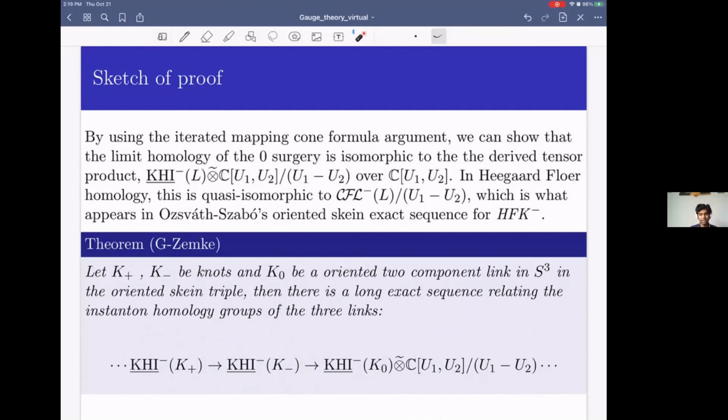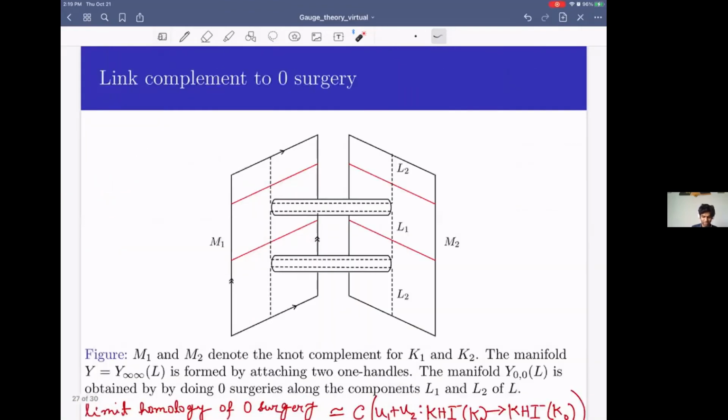So you can define a U action here in this way, but we don't know if this map is U-equivariant with respect to that U action. The reason is that we are using this iterated mapping cone formula argument, and we don't know if the quasi-isomorphism from the limit homology of the zero surgery to this thing is U-equivariant with respect to that U action.